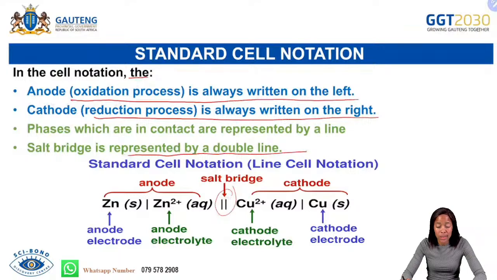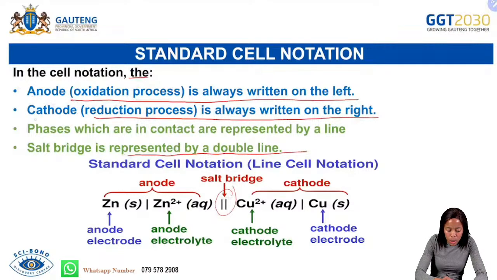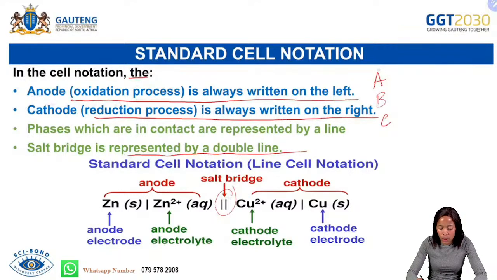So again, remember we said that if you want to write the oxidation and the reduction half reaction, you are going to use your table 4a or your table 4b there, okay? But now, in terms of the cell notation, or also with the table, we said that it's as easy as ABC, whereby A is the anode, B is the cell bridge, and then C is the cathode.